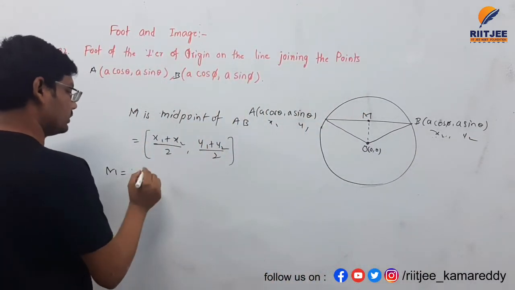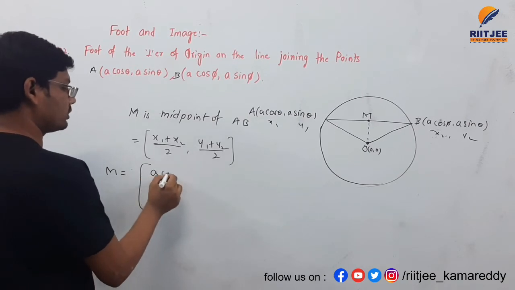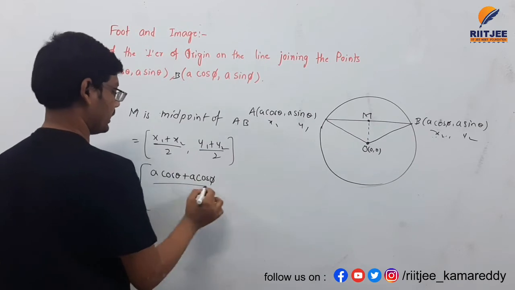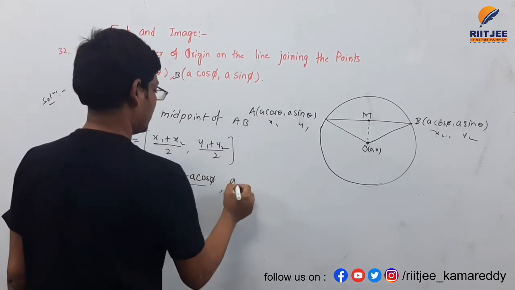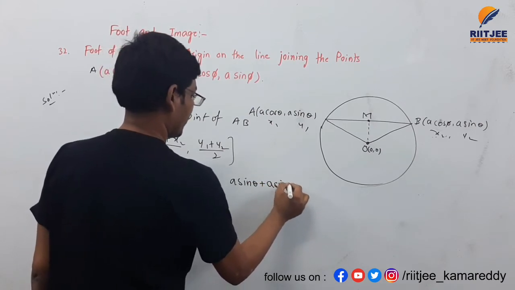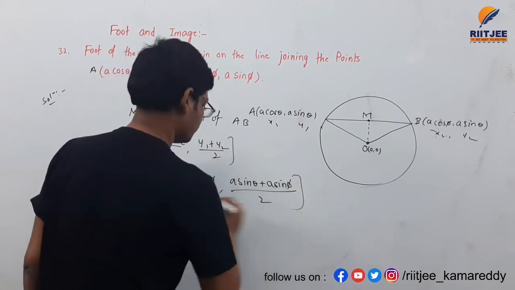Then we get A cos theta plus A cos phi divided by 2, and A sin theta plus A sin phi divided by 2.